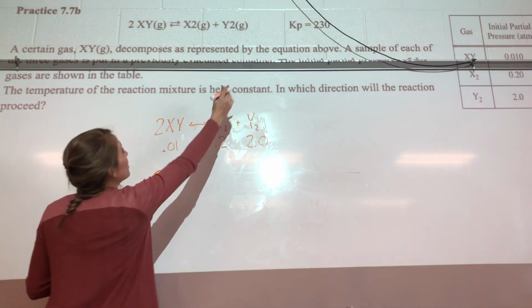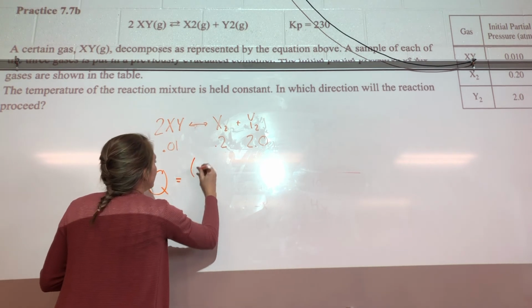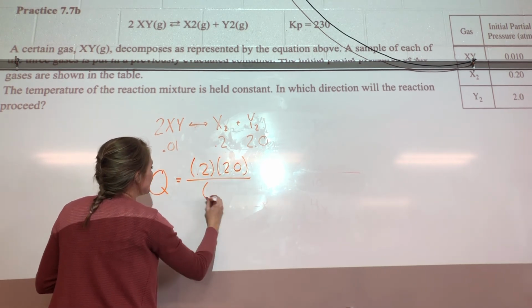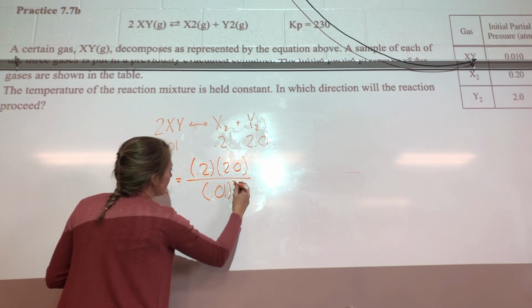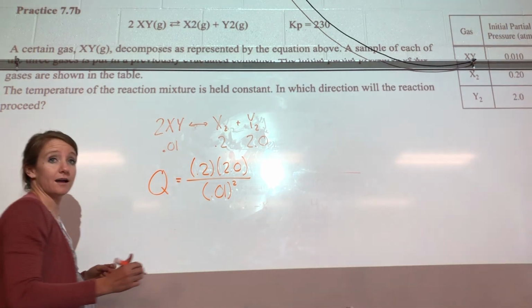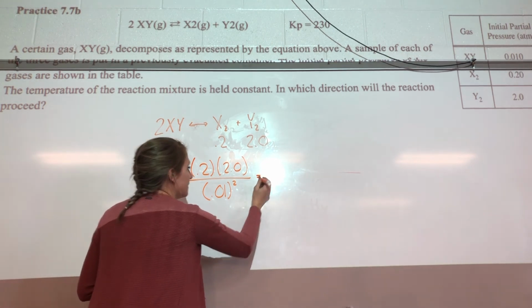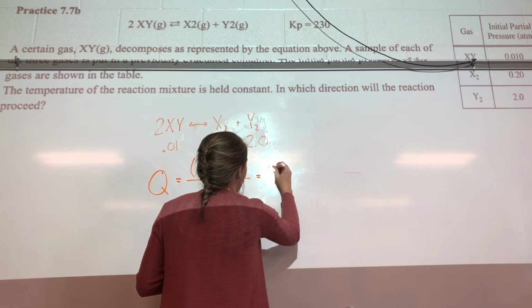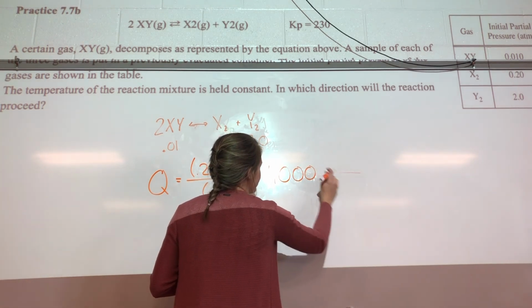So let's plug it in: products over reactants. Once again, same exact setup. Plug that into our calculators. I got an answer of 4,000.